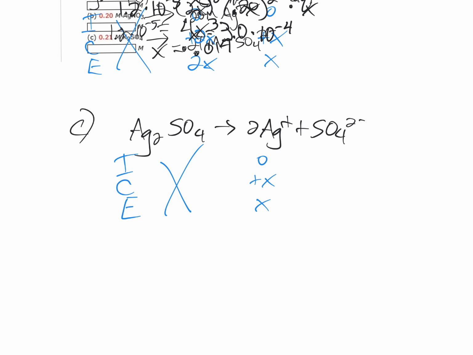So the silver ion works out just like it did in part A, but the sulfate ion is different this time. Instead of putting a 0 for the initial concentration, oops, I made a little mistake. The silver concentration is plus 2x, so it ends up being 2x. But the sulfate concentration is initially 0.21, and to that we still add x, so at equilibrium we get 0.21 plus x.